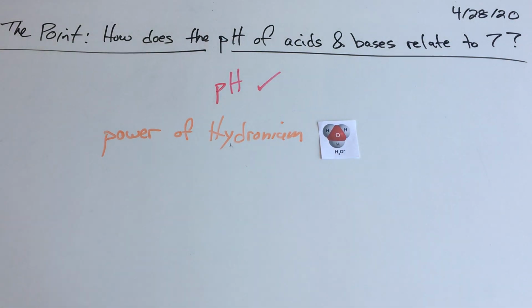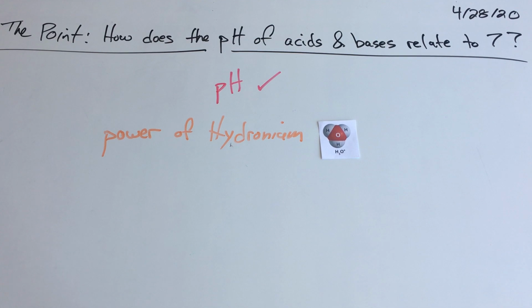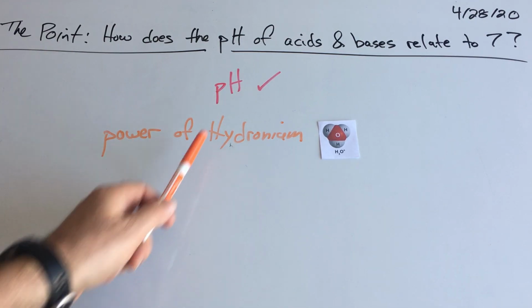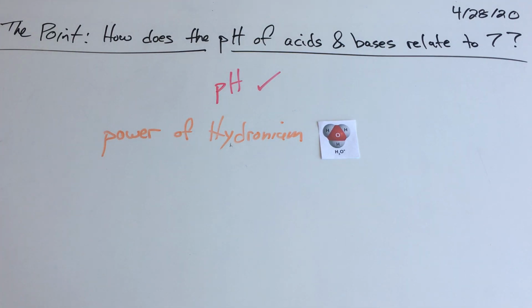So the reason that it is a lowercase p is because power is just the word. It's not a name or anything, so it's a lowercase p for the power. And the reason that it's a capital H is hydronium is an actual name. So p stands for power, H stands for hydronium, lowercase p, capital H, and nothing else. So the power of hydronium.